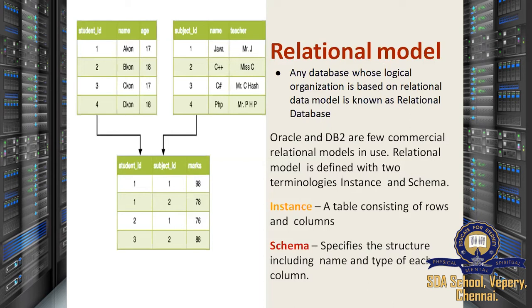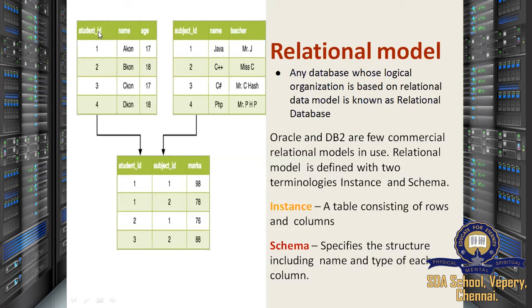First point. Look at this diagram. We have three tables here. Table number 1, table number 2, table number 3. In table number 1, student ID, name, age. These three, as far as you are concerned, we can say as columns.